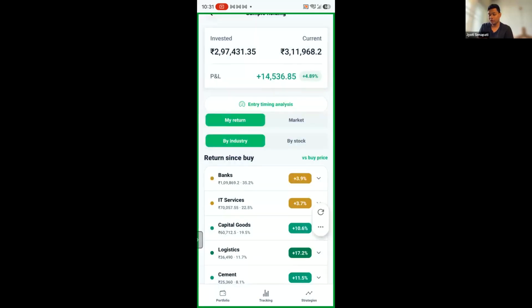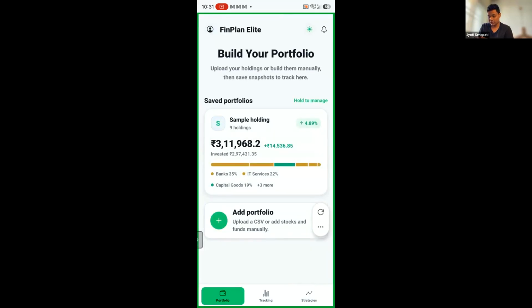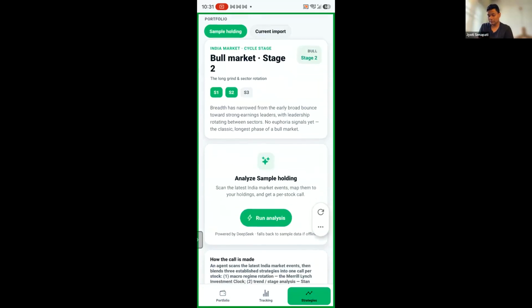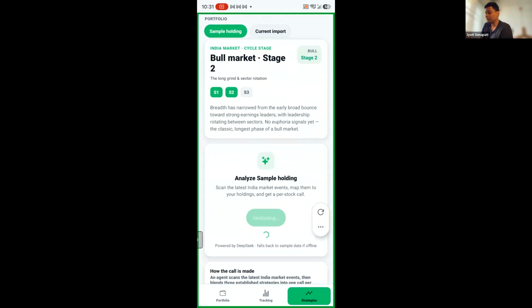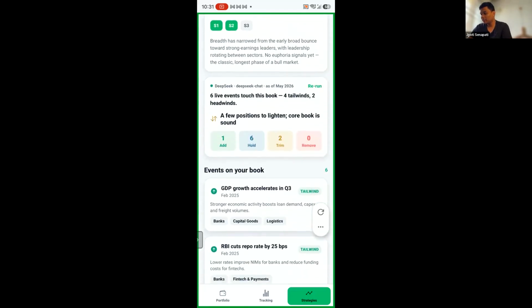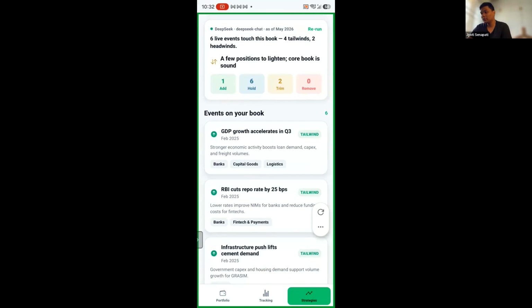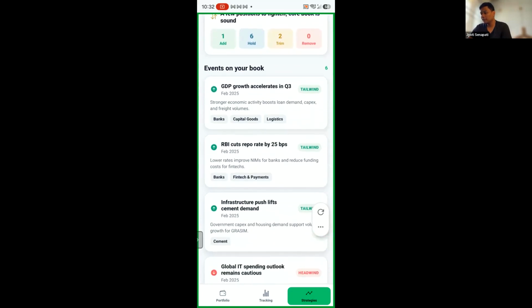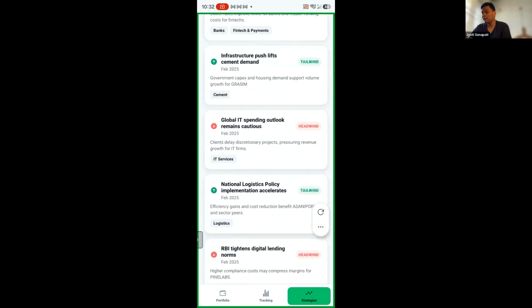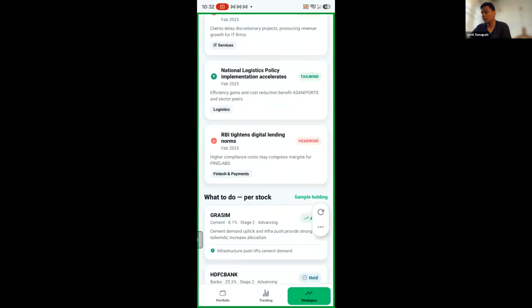The third thing that I worked on here is strategies. So here, let me run it through DeepSeek. Based on the markers, it tells you where in the market stage you are. It also finds certain tickers, for example, the GDP growth, the RBI cuts, and the infrastructure push. Depending on that, it tells you which kind of category you need to keep or sell.